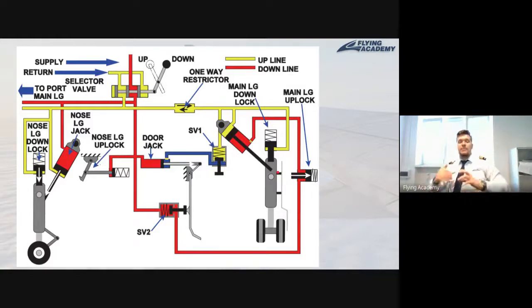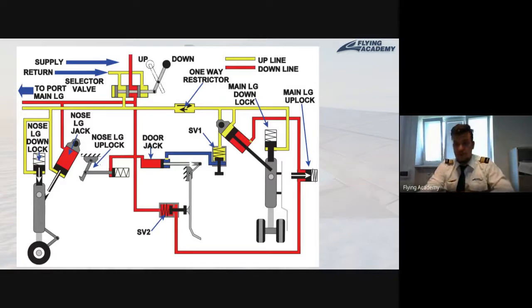So technically, everything which we operate together with the landing gears will always operate with lockers. If we have doors, doors will have lockers in both positions, in open position and closed position. Landing gears will have lockers in the closed position or down position and up position.